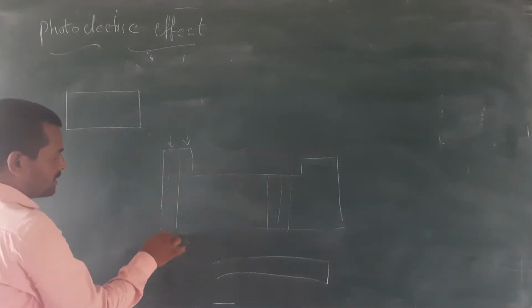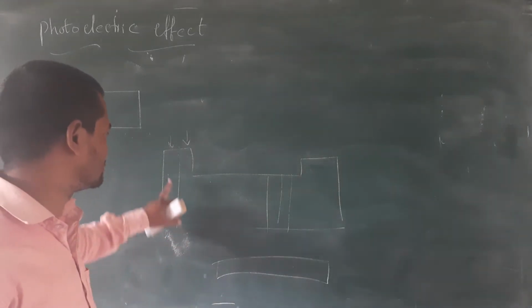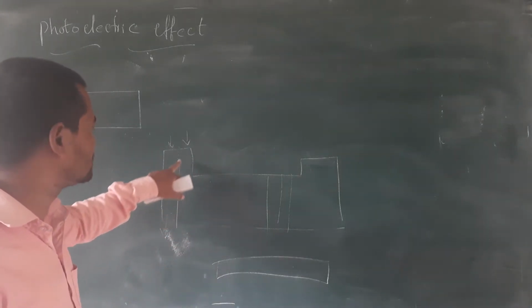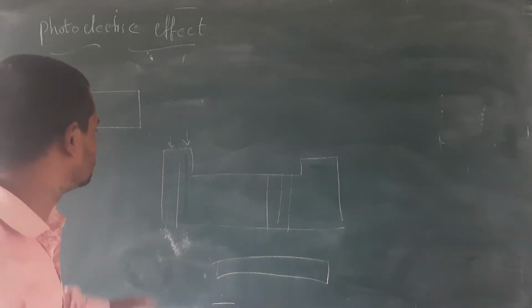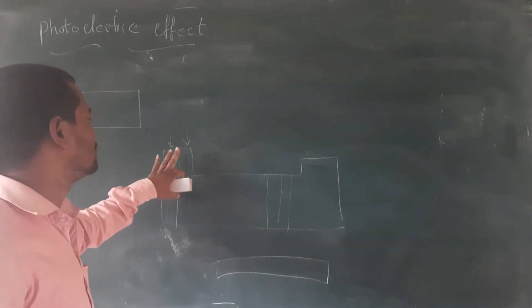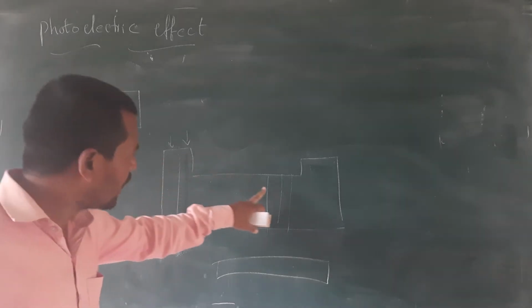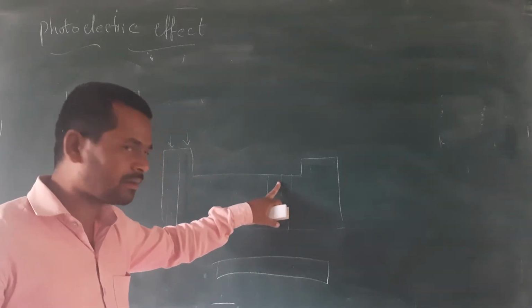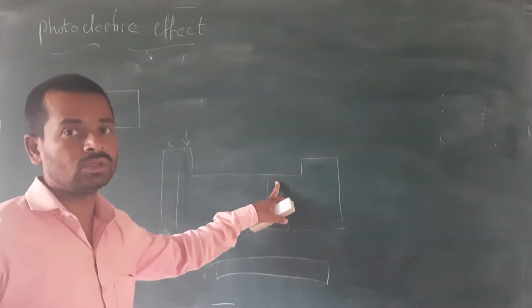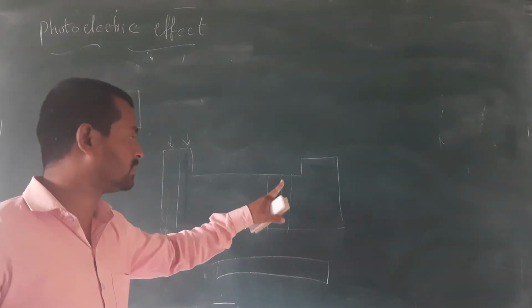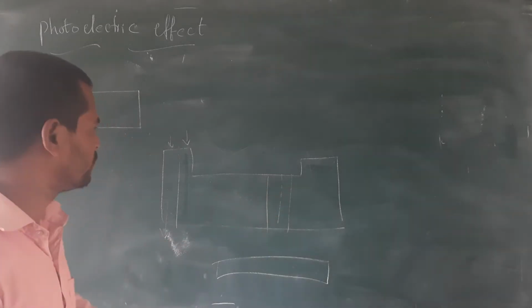These metals are called alkali metals, and these metals are called alkaline earth metals. And at this point we also find certain metals such as copper and zinc. These metals are also used.